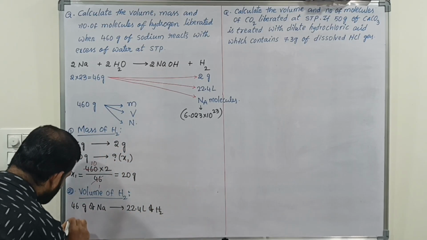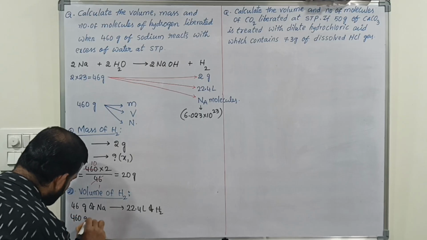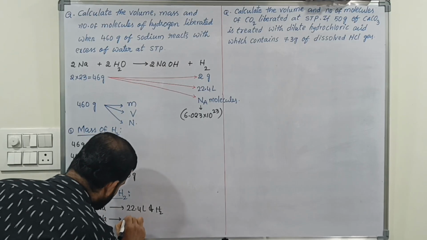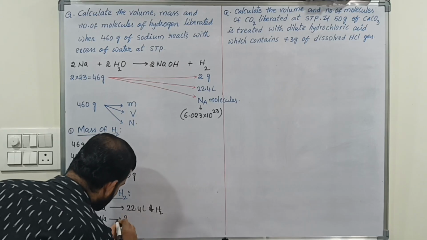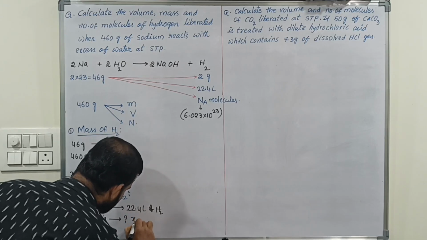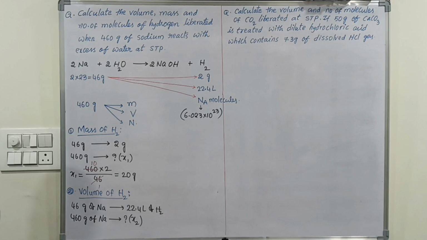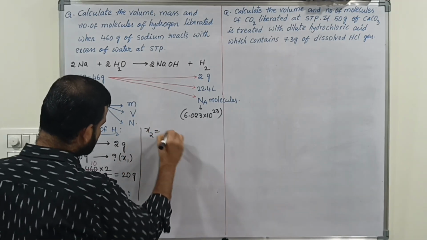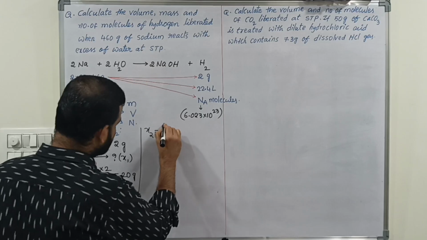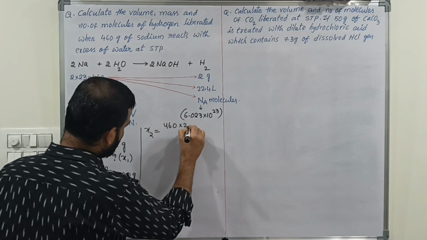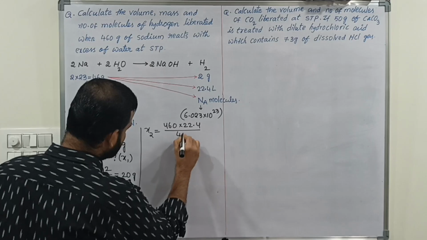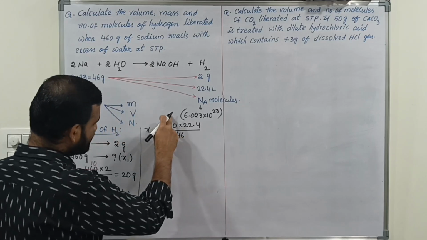Then 460 grams of sodium gives how much volume of hydrogen gas? Let this be X2. Then X2 is equal to cross multiplication, 460 into 22.4 liters divided by 46. 46 ones are 46, tens are.